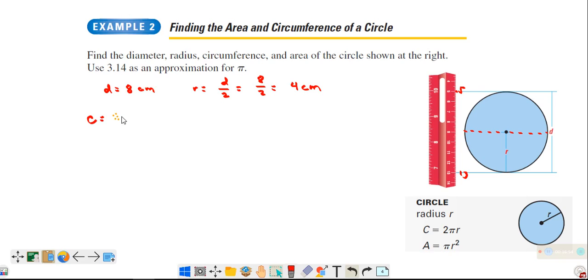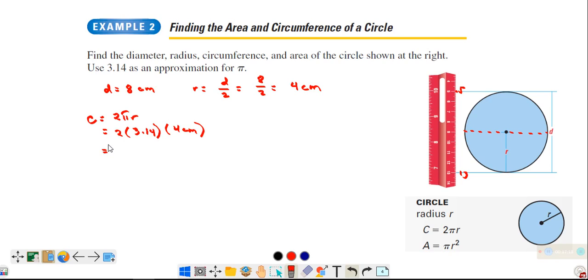So this is 2 pi r. We are going to have 2 times 3.14 times the radius, which is 4 cm. So just get your calculator and multiply everything up.